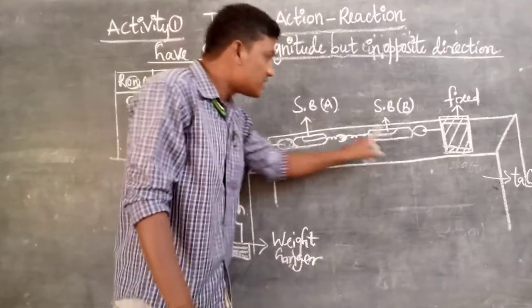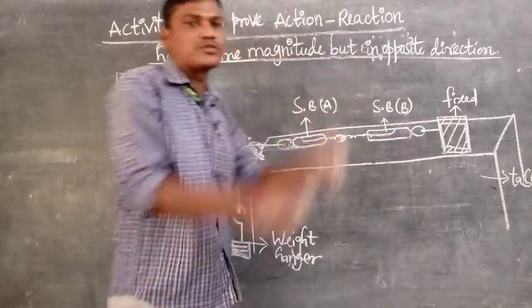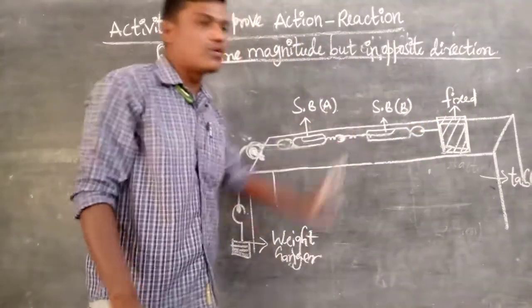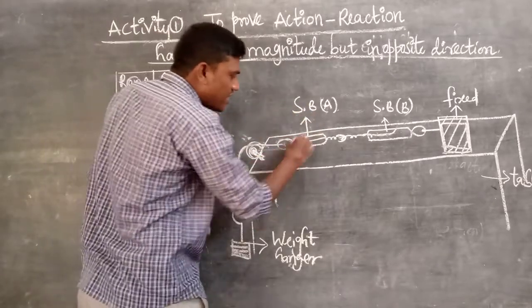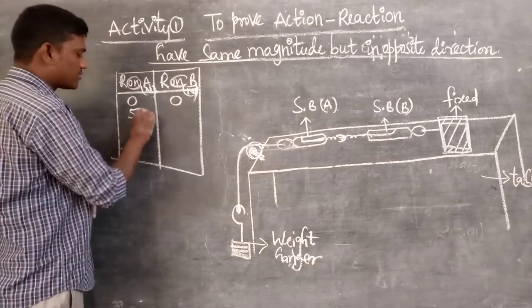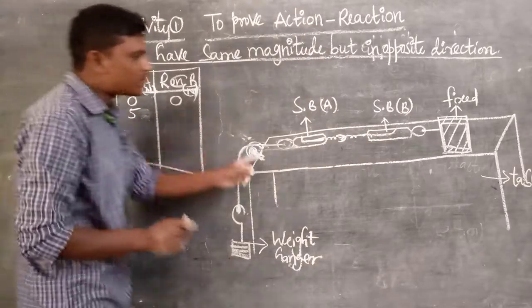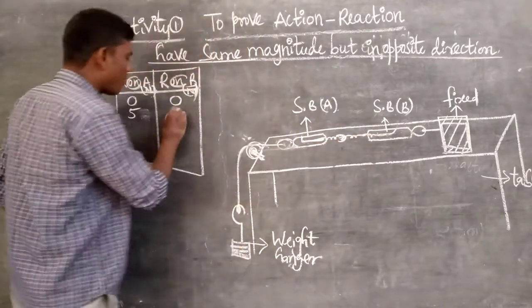No. Why? Because the spring balance is connected to a fixed position, so it remains at rest. It moves a certain distance, and the reading will show, for example, 5 Newton. At that time, you observe the reading on the B spring balance is also 5 Newton.